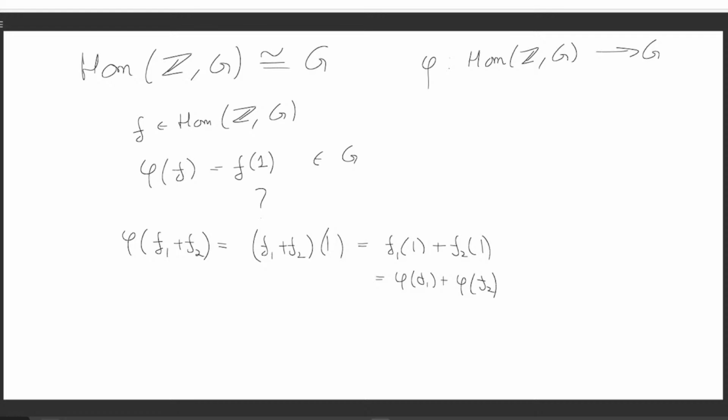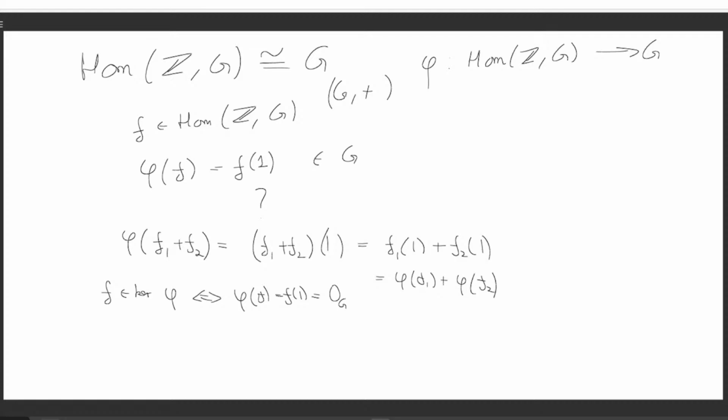Kernel. What is the kernel? So f is in the kernel of phi if and only if phi of f, which is actually f of 1, is equal to the identity of G, I'll write that also as 0. G also you consider additively just to make the condition consistent. So that should be 0.